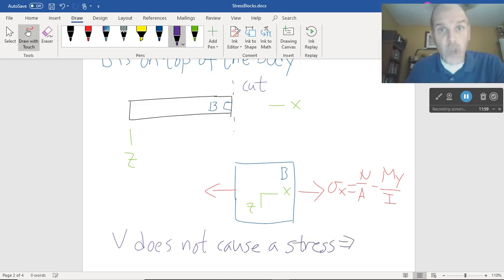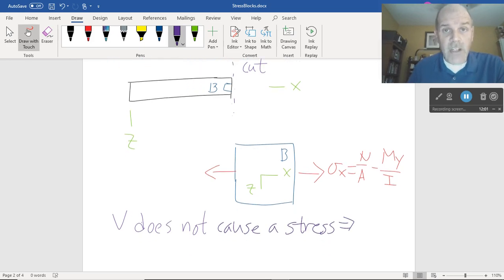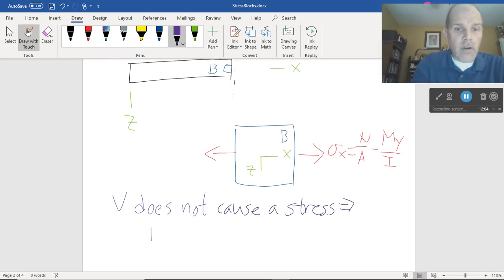There's two reasons for that. There's two ways to look at it, really. The way I just kind of mentioned, I'll call number one. V sub y, because later on we can have V sub z, a shear force in the z direction. So I'm going to call this Vy, just so we know what it is.